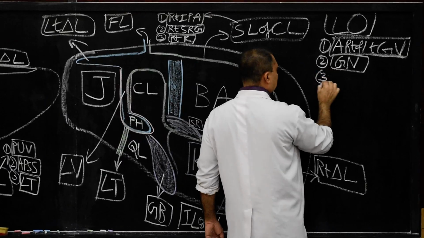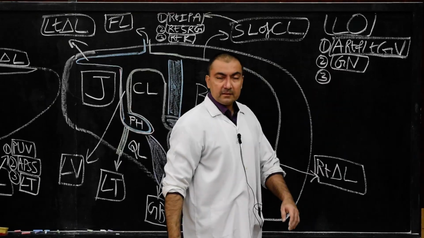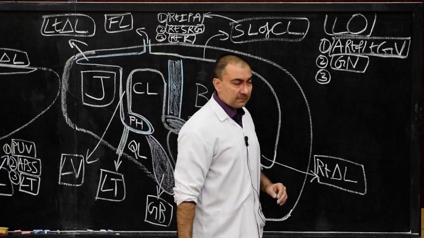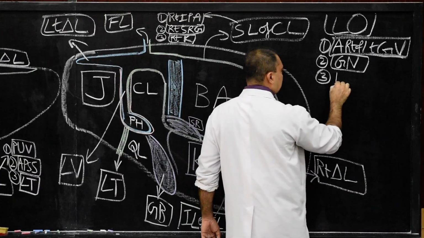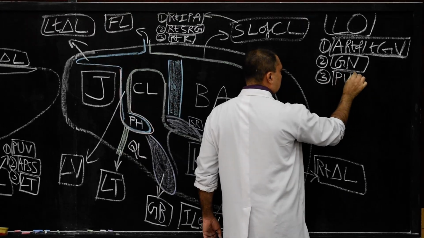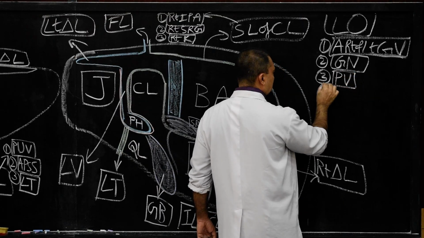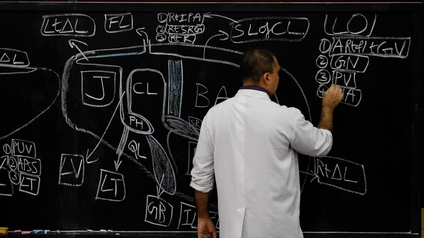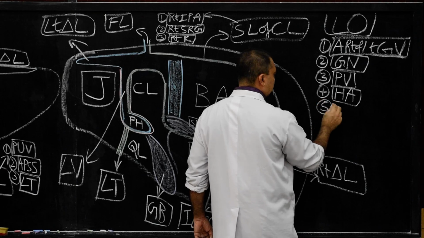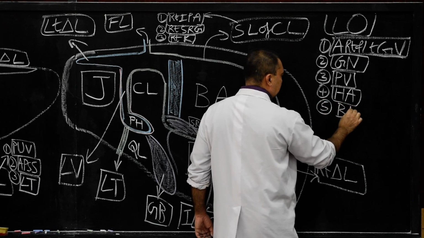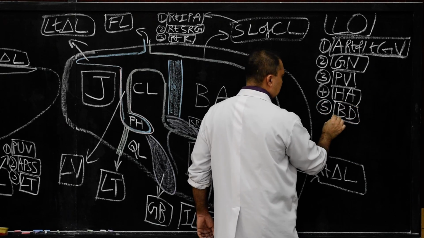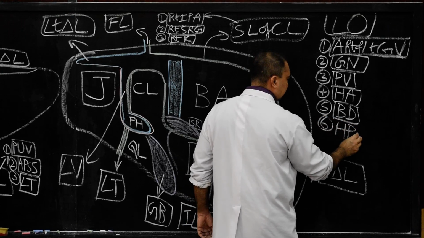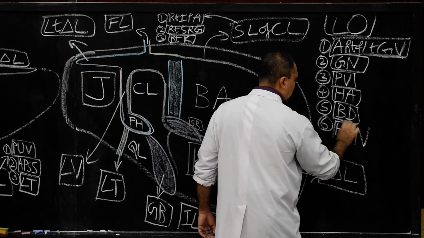Then in the upper free margin of lesser omentum, there will be content number 3, portal vein, content number 4, hepatic artery, content number 5, bile duct, and content number 6, hepatic plexus of nerves.